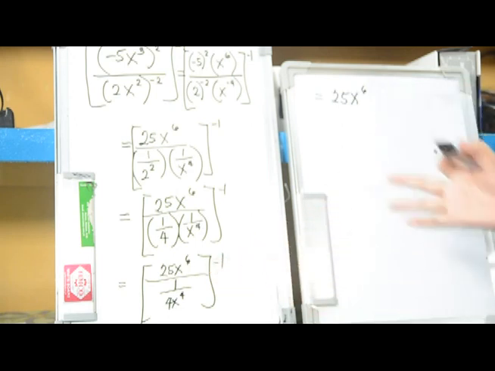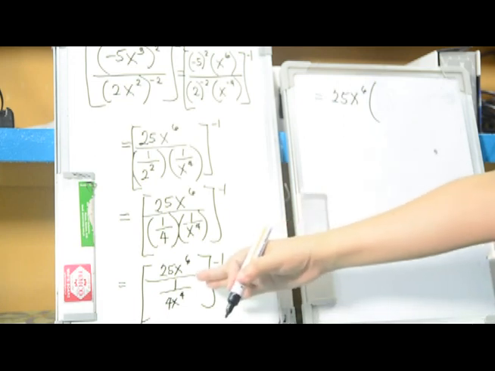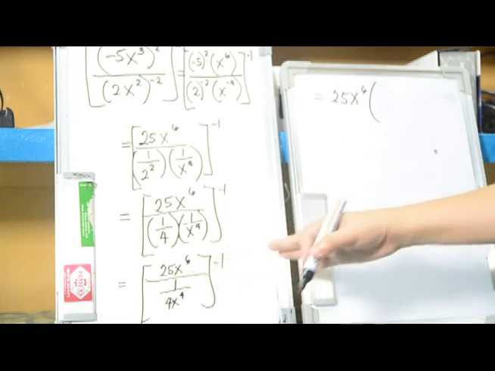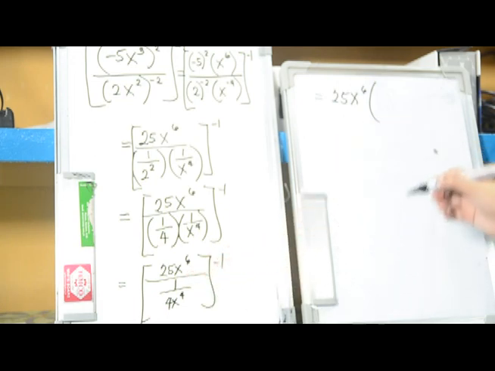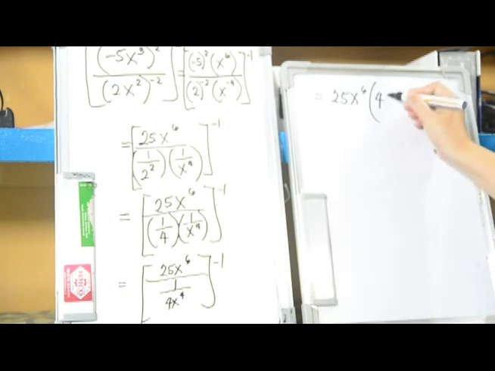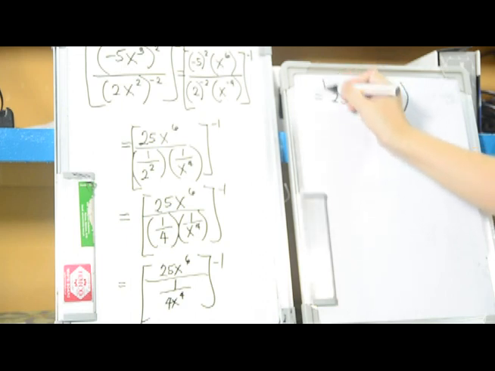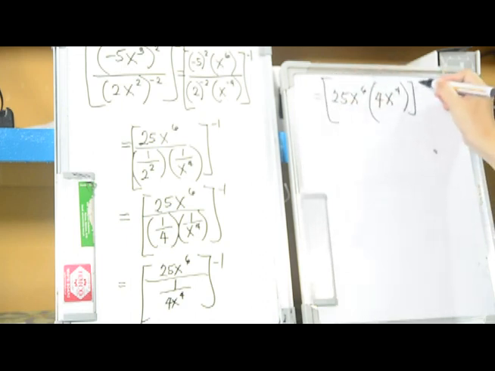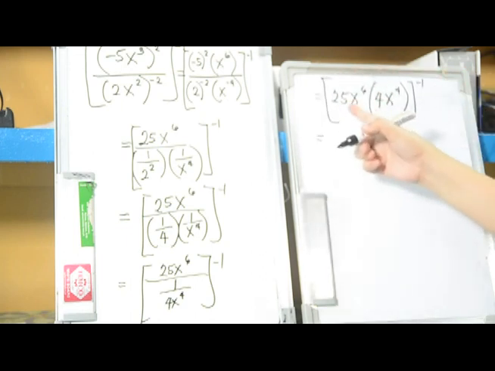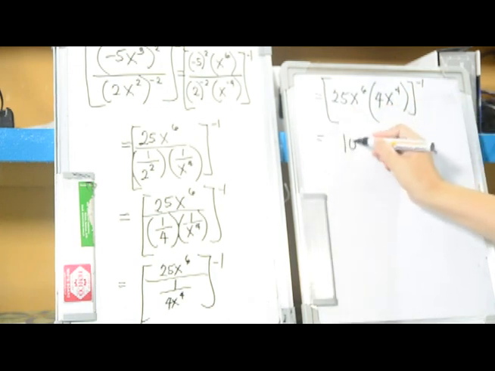And then when you divide, you give the reciprocal of that, multiply it by reciprocal of 1 all over 4. 4x raised to the power of 4 is just 4x to the power of 4. Okay? Then everything will be raised to the negative 1. So you've got here 25 times 4. So that is 100.